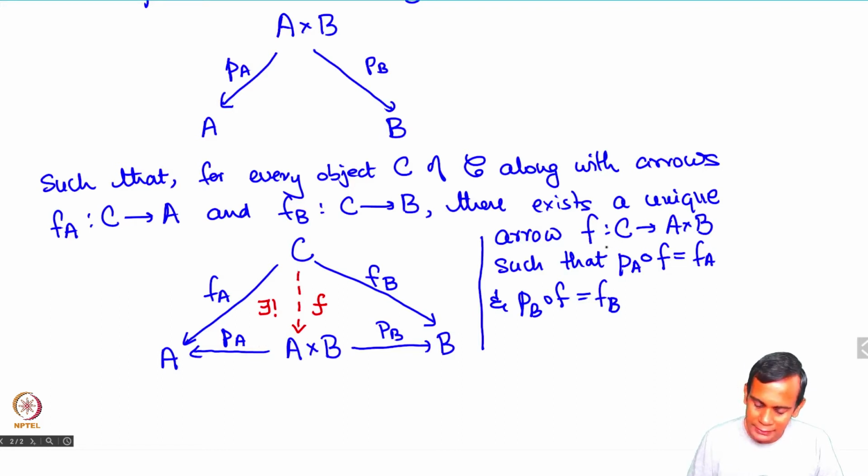And what we are saying is that both these arrows are equal. So P subscript A circle f is equal to f subscript A as arrows. This is an equality of arrows from C to A. And similarly, P subscript B circle f is equal to f subscript B.